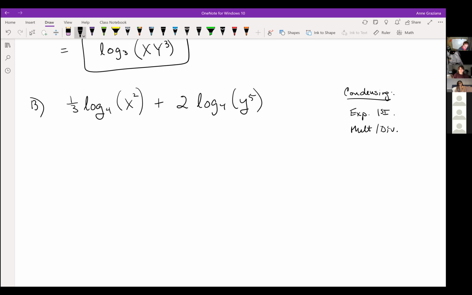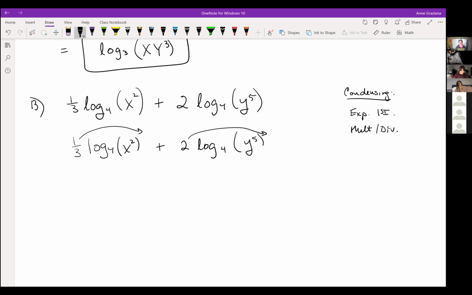All right, so I'm going to bring my exponents. Let me just rewrite this. 1/3 log base 4 x squared, 2 log base 4 of y to the 5th. And I'm going to bring these up as exponents, okay?